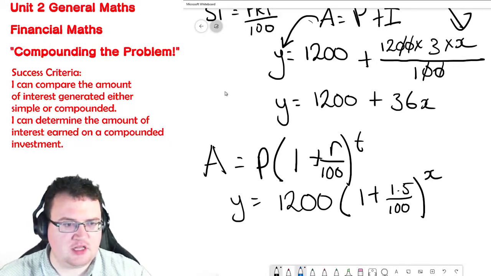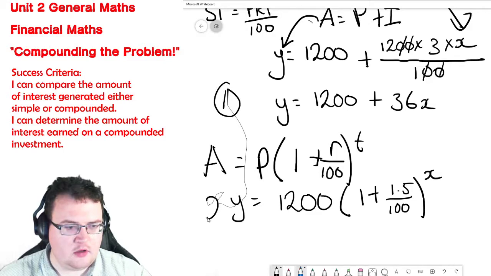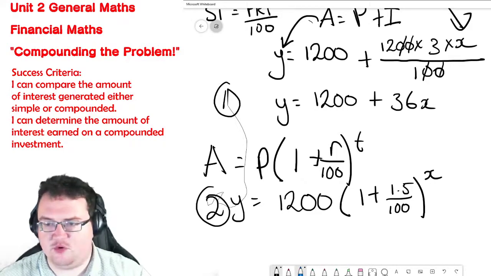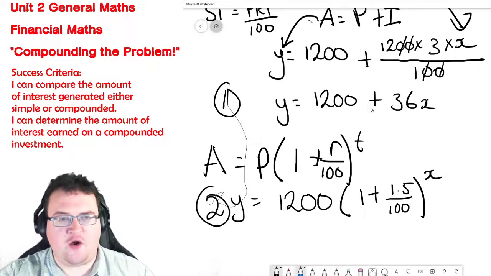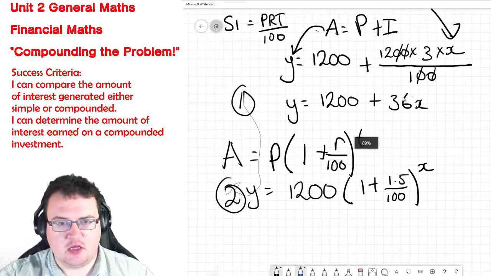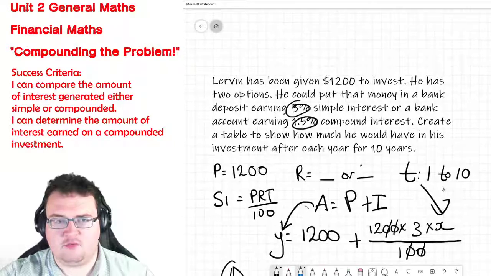So this is going to be our equation 1, and there's our equation 2. So that's what we're going to put into our CAS. So we now have two equations that represent the problem at the start.